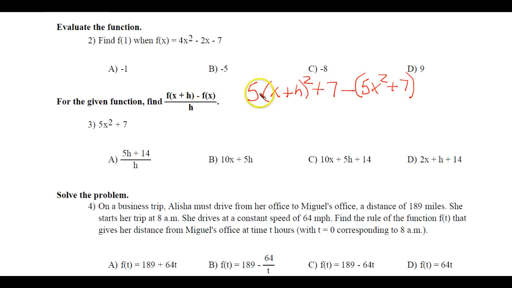I'm going to wait to put that there as I calculate this. So this will be 5 times, we're going to square this binomial, plus 7 minus, just changing these signs.